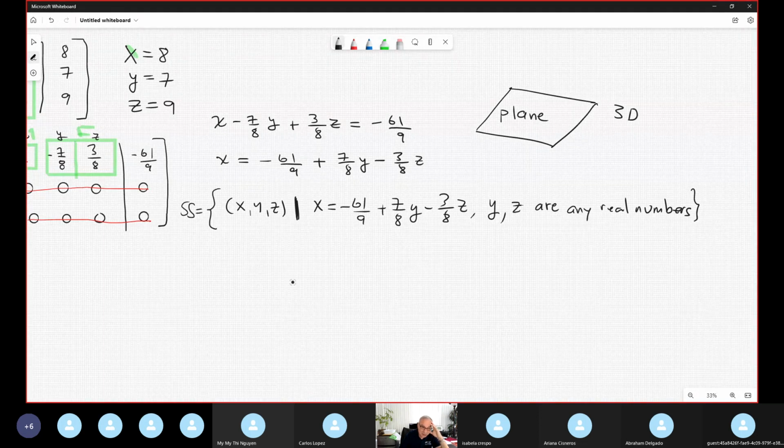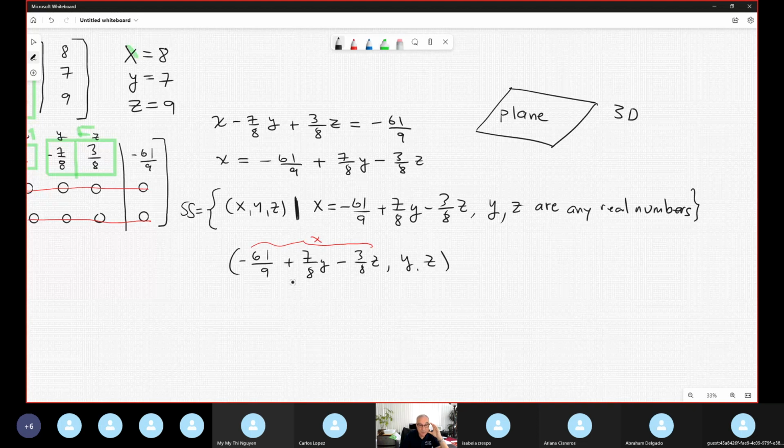Another possibility to write this is you copy the expression minus 61 over 9 plus 7 over 8 Y minus 3 over 8 Z, and you write this in the x component. In the y component you put Y and Z. End of the story.